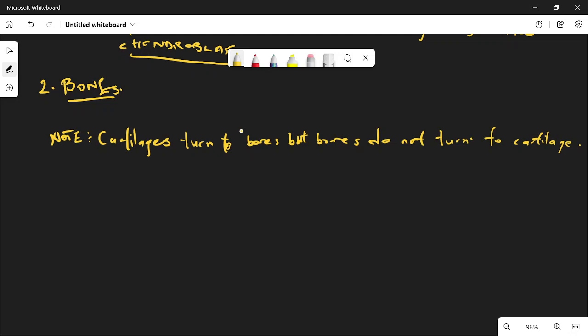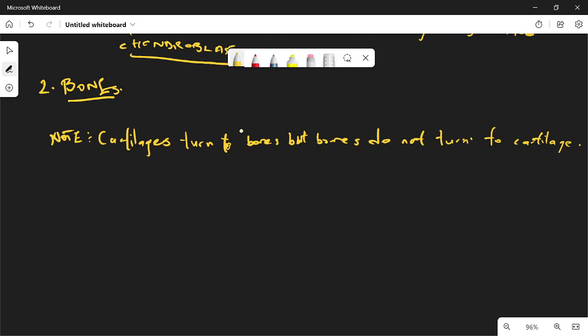Cartilages are found in animals, particularly in vertebrates. They are found in young vertebrates, newly born or newly produced vertebrates. That is where you find a high content of cartilages.